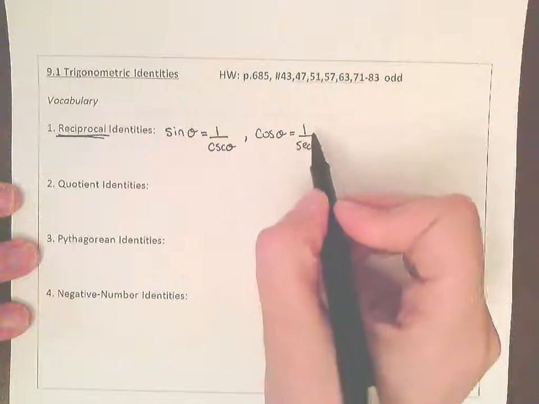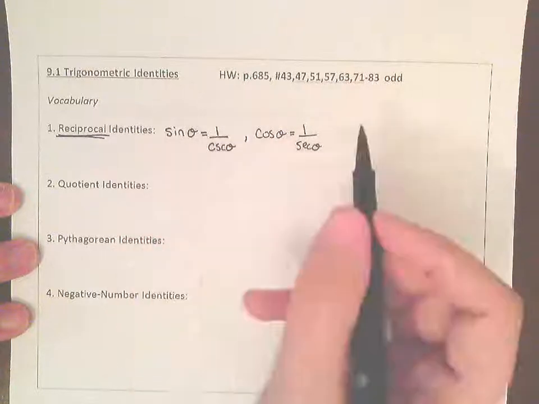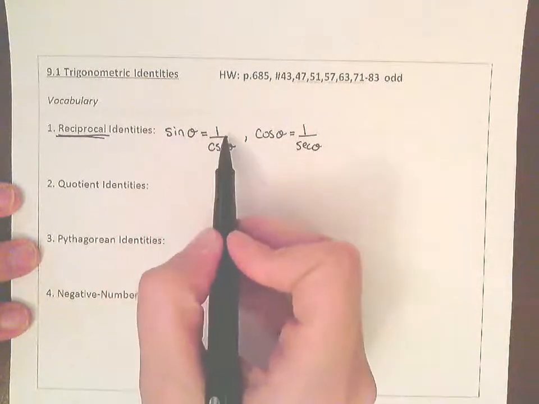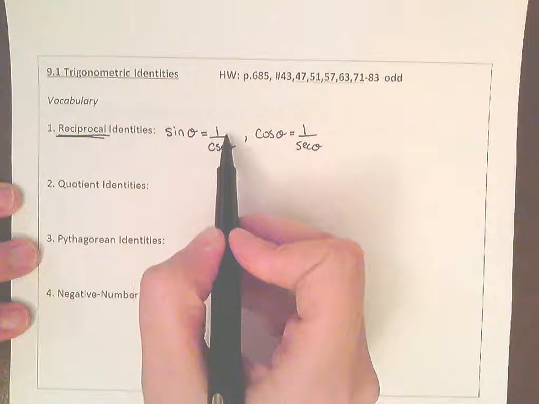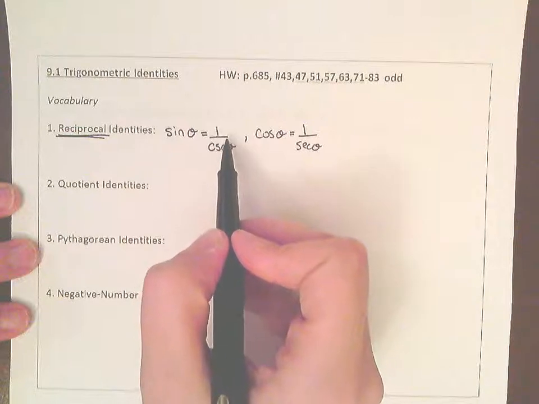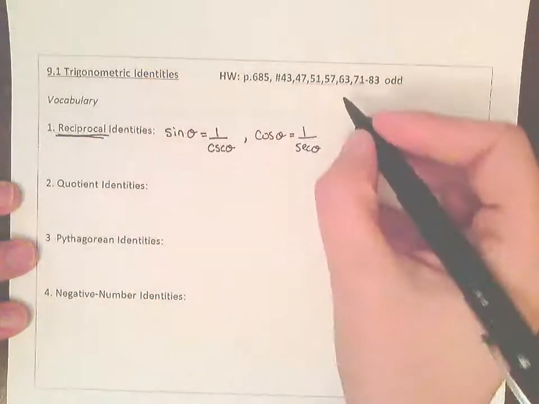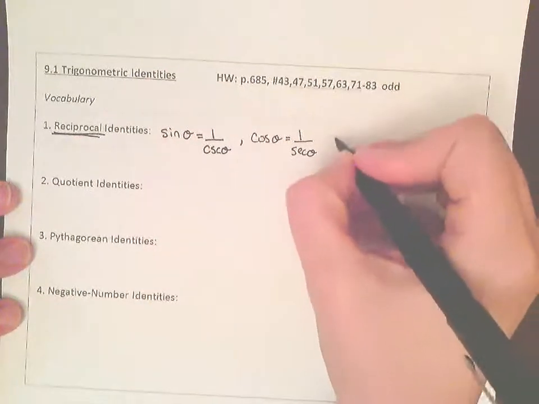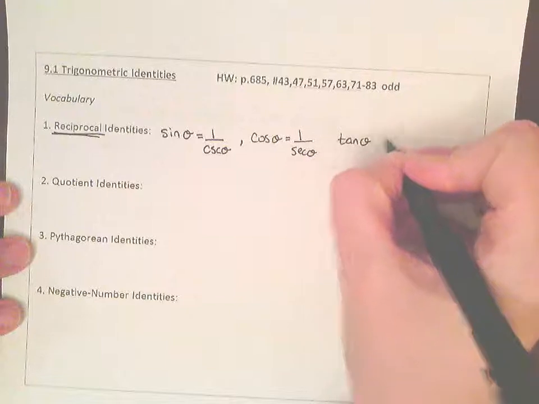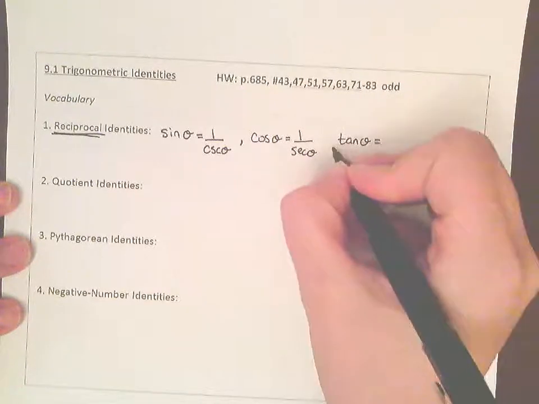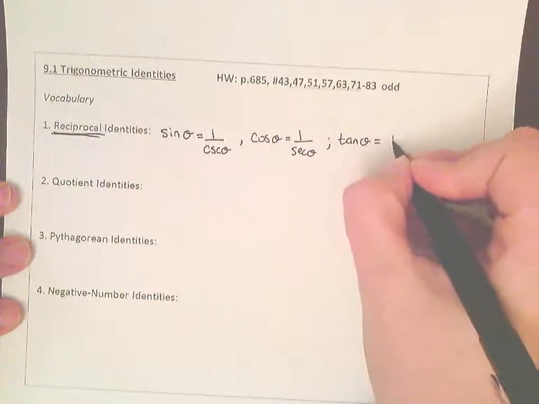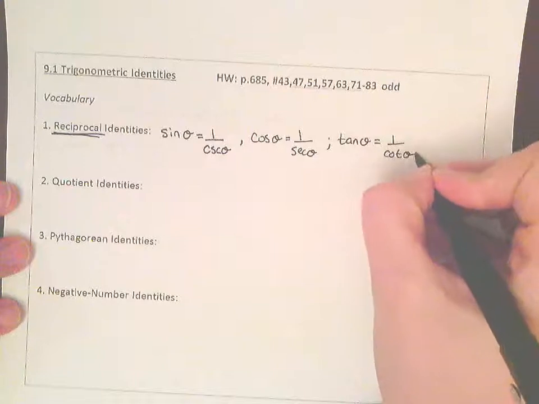Now remember, they're not asking for the inverse because we know that the inverse of sine is cosecant. They're asking for the reciprocal identity. So that means you take the inverse and you flip it around. Alright, and then tangent of theta, the reciprocal of that, is 1 over cotangent of theta.